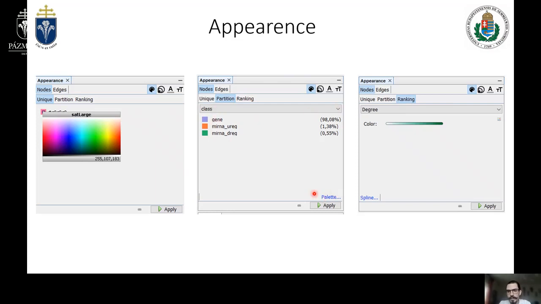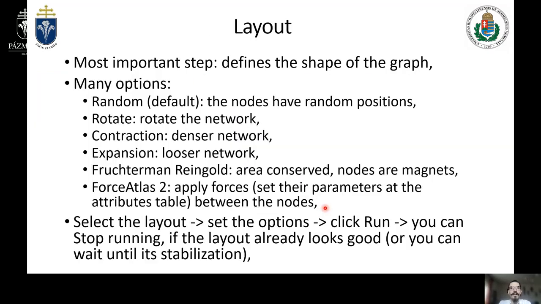You can change the color scheme with this palette menu, so you can assign different colors for different groups, or you can rank them based on the degree attribute, for example, again chosen from the attribute list. And after the color, there is the label tab, and the size tab, and after you finish the modifications, you click apply and the updated figure will emerge.